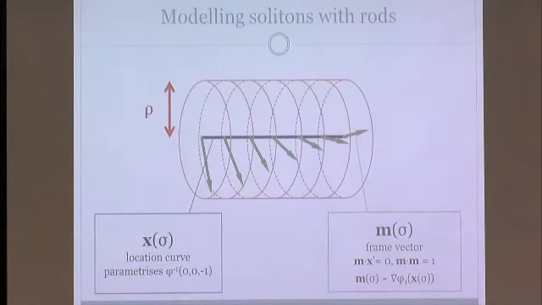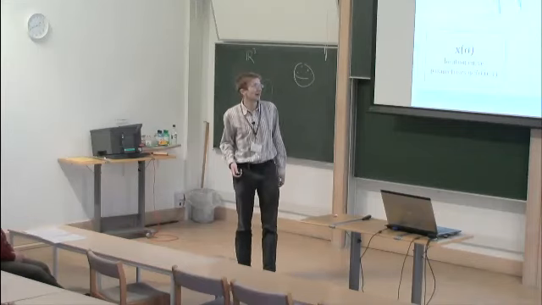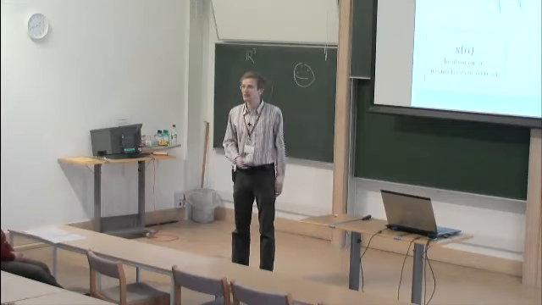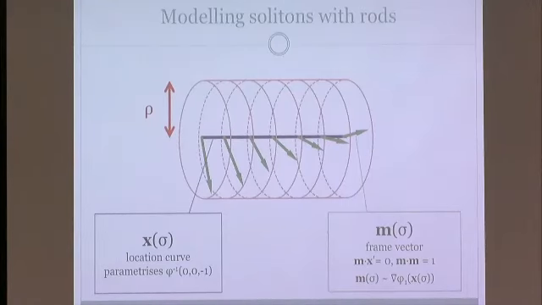And in addition to that, I'm going to have a normal vector m moving along the curve, just pointing outwards, and that lets me describe twisting. So the twisting of that vector is what's going to give me the charge in the original model. You'll notice that this also has a thickness rho. That's to model the idea that two different pieces of the rod can't get too close to each other.